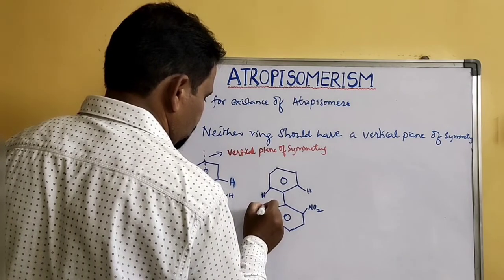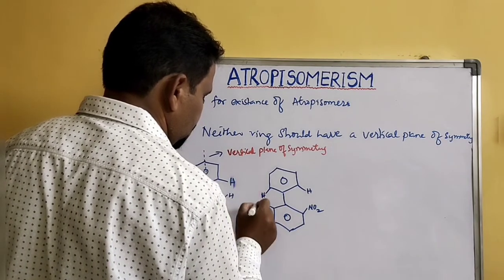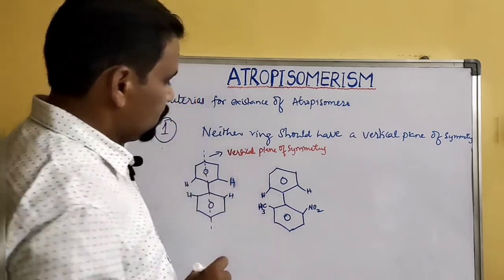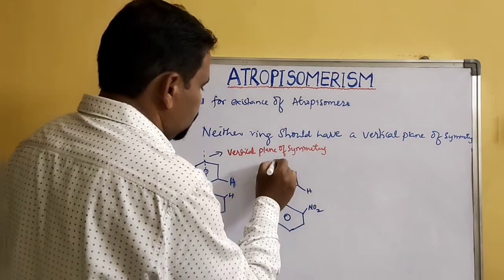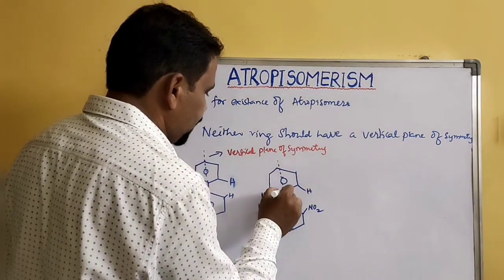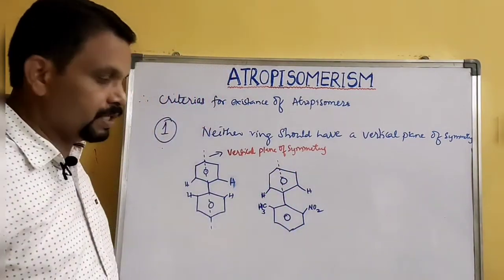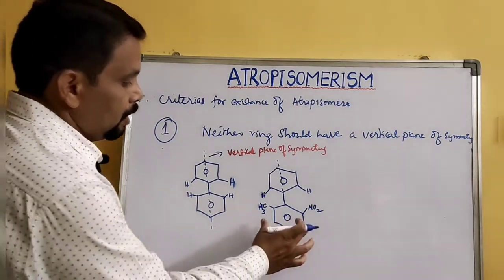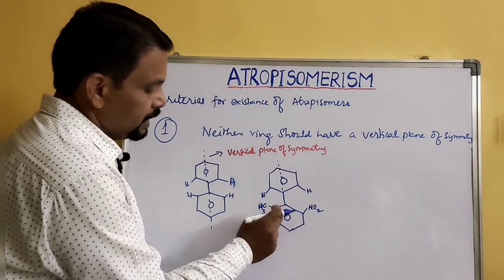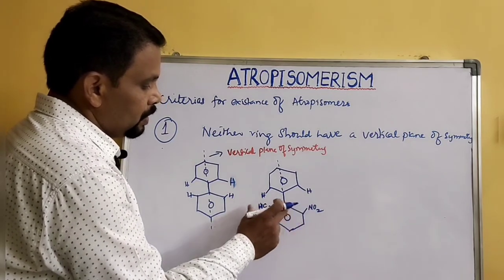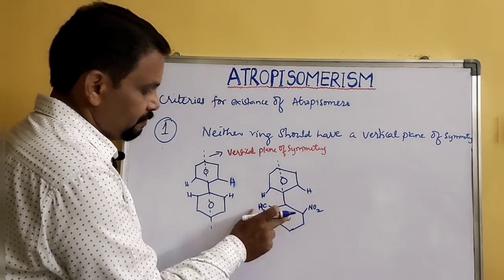NO2 or CH3 like this. So here what happens, this upper ring has a vertical plane of symmetry. Below ring does not have a vertical plane of symmetry because the two ortho substitutions are different.